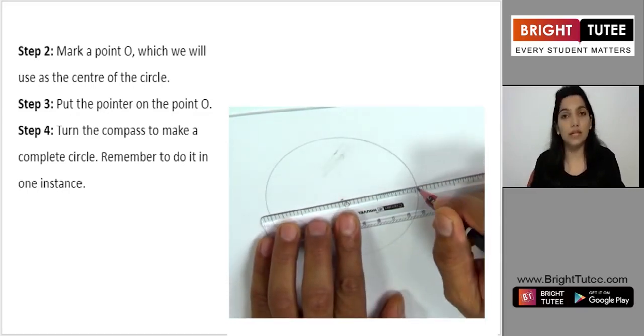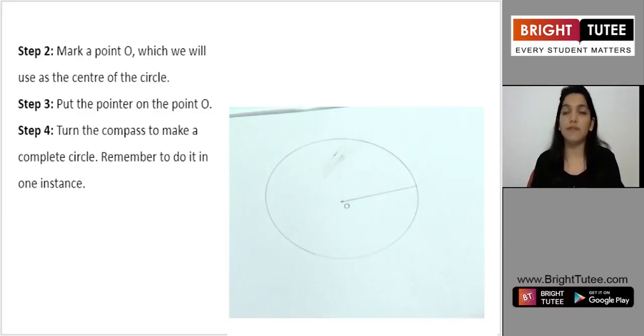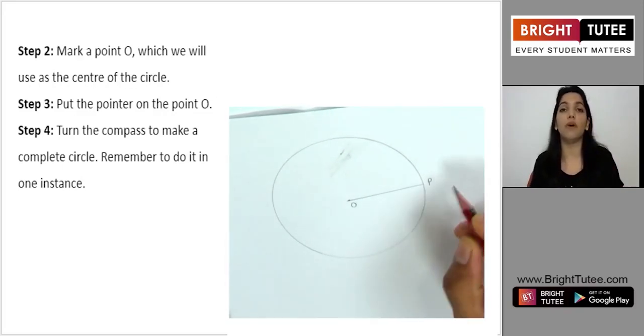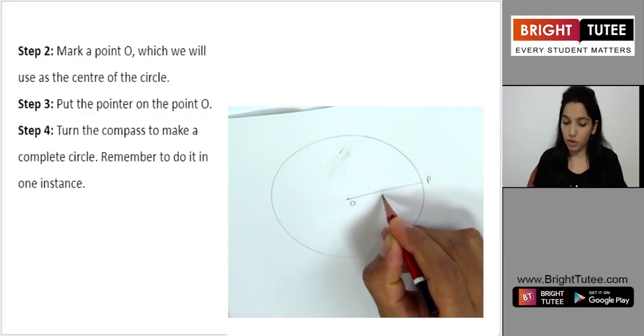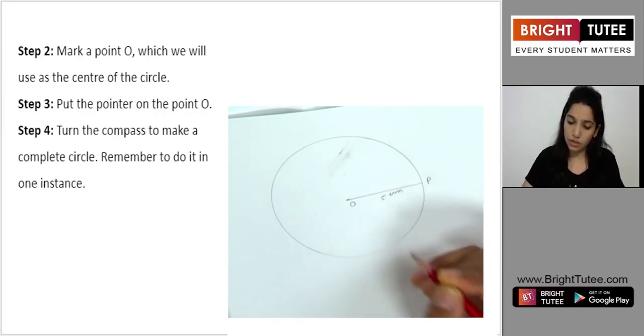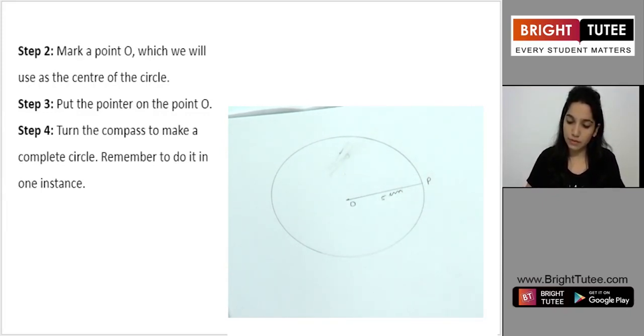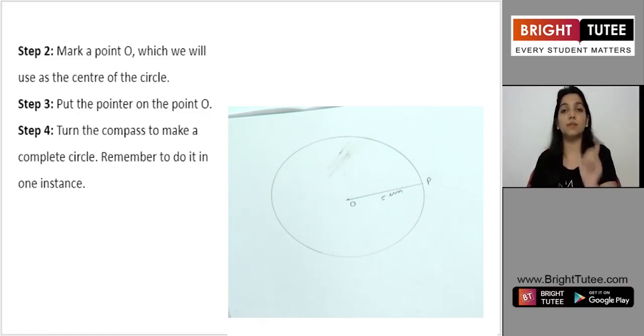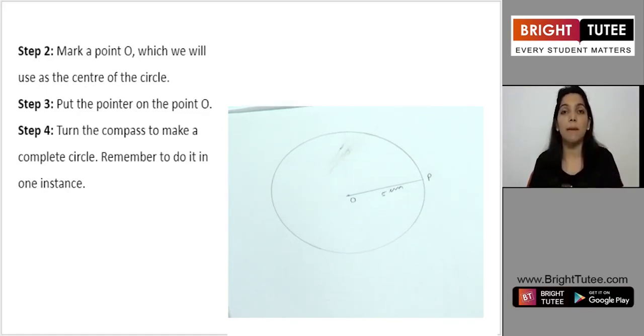This is the radius, so we can mark it as 5 centimeter because this is the opening of your compass. No matter where you measure this, you will always get 5 centimeter anywhere on the circle. That is the distance between the center point and the boundary of the circle. I hope this is clear.